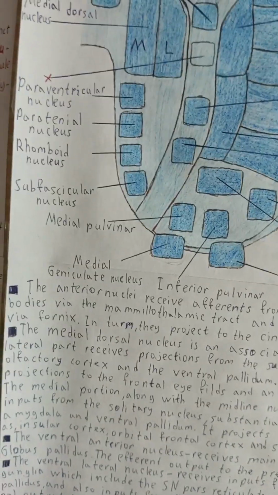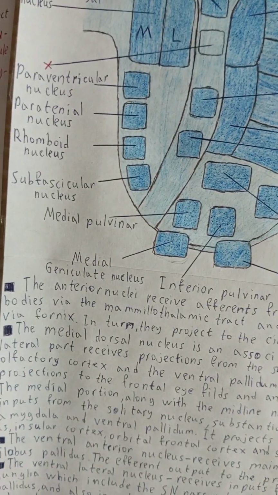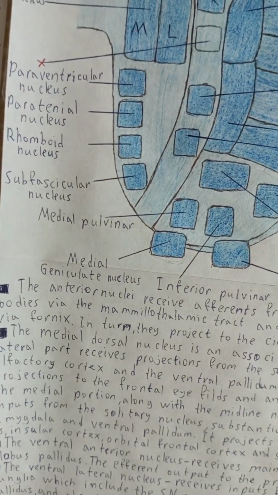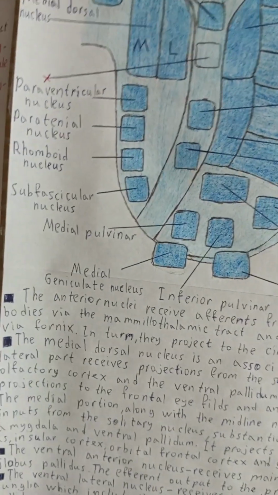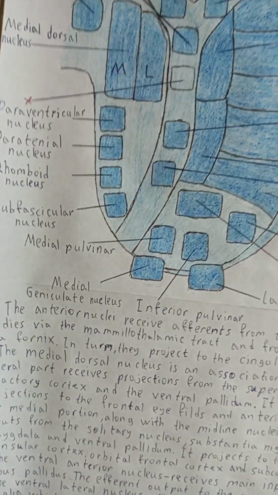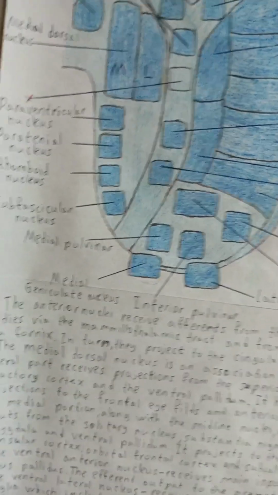It also receives taste afferent information from the solitary tract and projects to the cortical gustatory area. The gustatory area, if I'm not mistaken, is Brodmann area 43, and it is located in the insular cortex, kind of deeper in the brain.